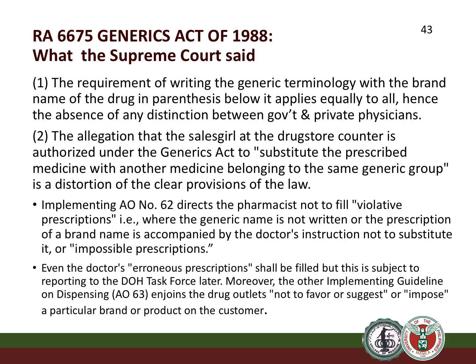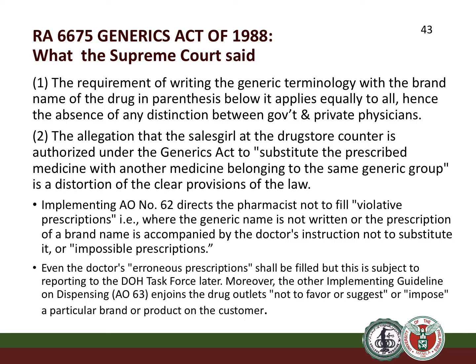The pharmacist will present, no, the generics menu, and it will be the patient who will decide what he wants, no, in terms of the brand under the generic group. Now, what will the pharmacist or the sales girl do if there are violative prescriptions or there are erroneous prescriptions?